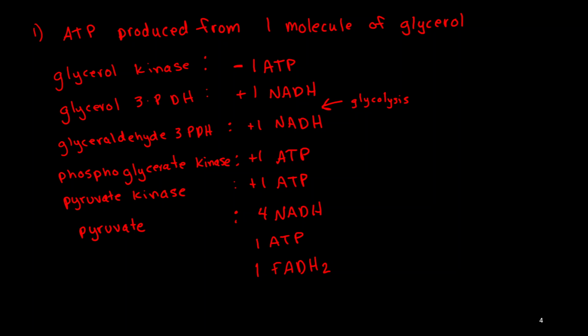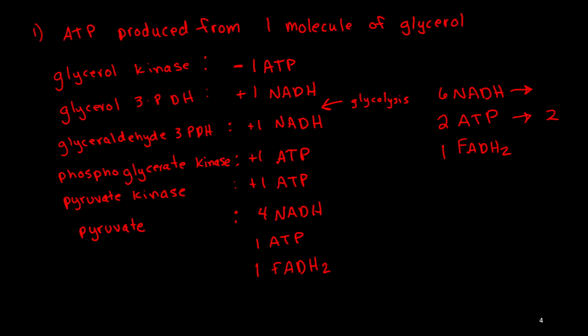So if we look at the total, we have 6 NADH molecules. We have 1, 2, 3 ATP minus 1. So we have 2 ATP total. We have 1 FADH2 total. So 2 ATP is equal to 2 ATP.